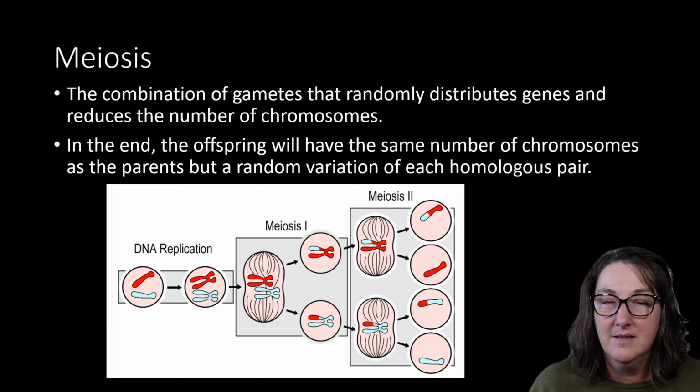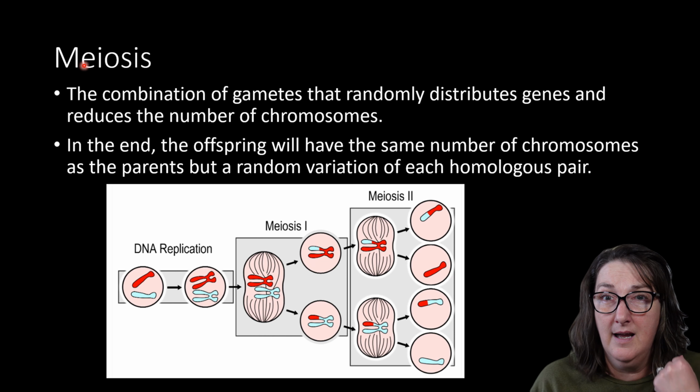Now with meiosis, the best way for you to remember the difference between meiosis and mitosis is this first one right here, me. I have to think about how I was formed. I was formed with parents, and so I'm going to have an egg and a sperm fused together and formed me. Mitosis is just repair, replace, and grow.